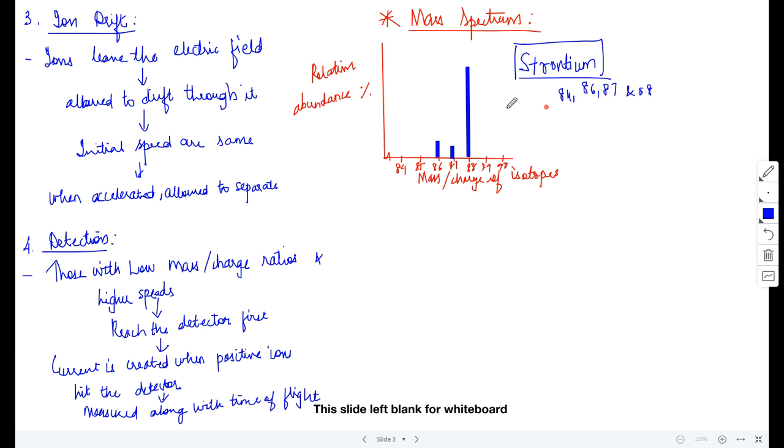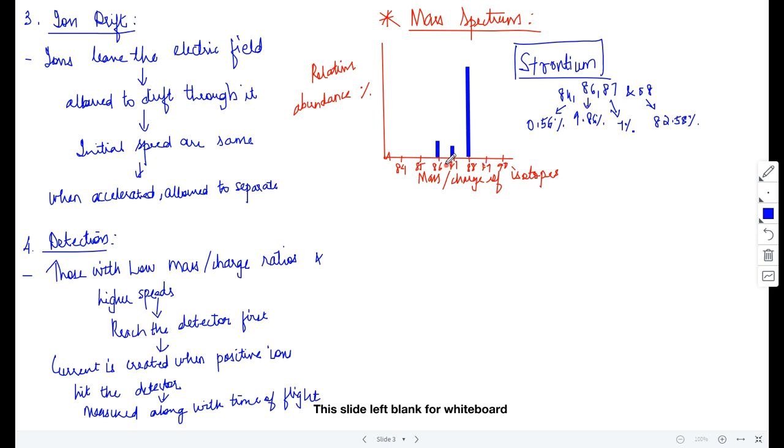Now what is the relative abundance of each of them? 84 is present with 0.56 percent. 86 is there for 9.86. 87 is there for 7 percent, and 88 has 82.58 percent.